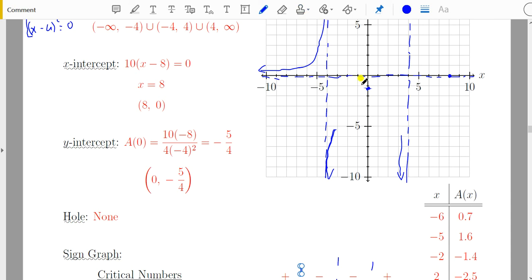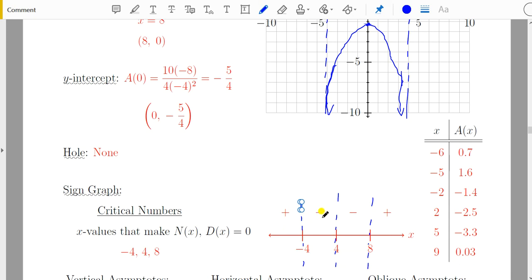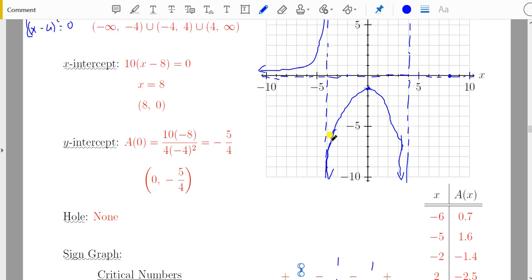We know there's a y-intercept here, therefore it must connect to that y-intercept, going up to it and going down on both sides in order to approach the vertical asymptotes. We cannot go up because we don't want a positive value. It must be negative.